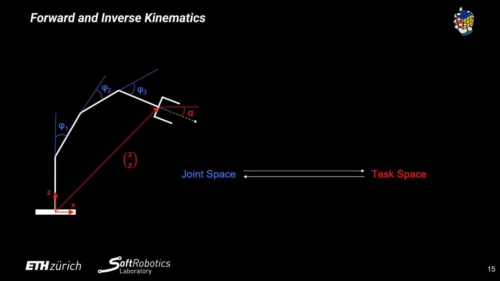With this diagram from the previous part, let's first understand what forward and inverse kinematics are. Forward kinematics give the end effector configuration as a function of the joint coordinates. That is the process of going from joint space all the way to task space. It maps the changes from the joint to the task space.